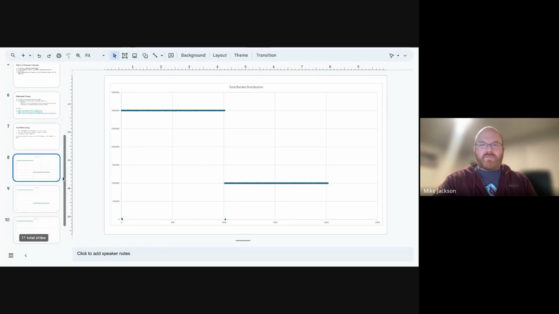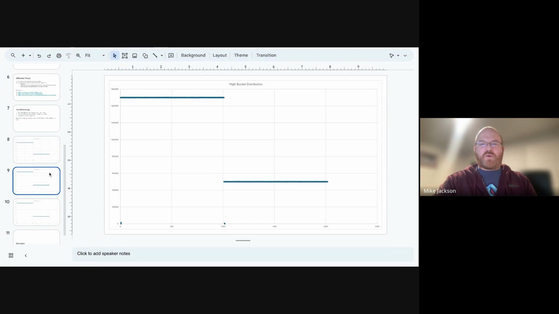This is the total bucket distribution, but I've broken it down as well, showing the high bucket distribution and the normal bucket distribution. The algorithms and proofs that Charlie pointed out all play out in the data that I've seen. So I think that's everything.